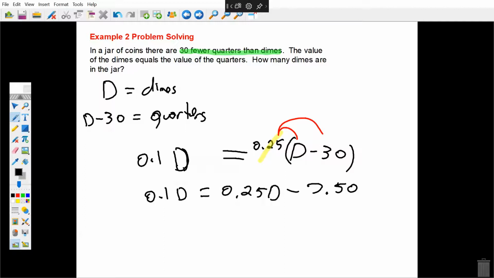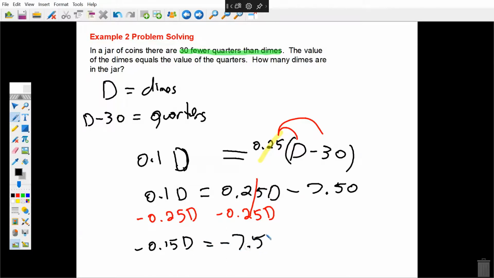So here I have variables on both sides of the equation. I have to get them together. So I'm going to move the 0.25 D over to the other side. That'll be negative 0.15 D equals negative 7.5.